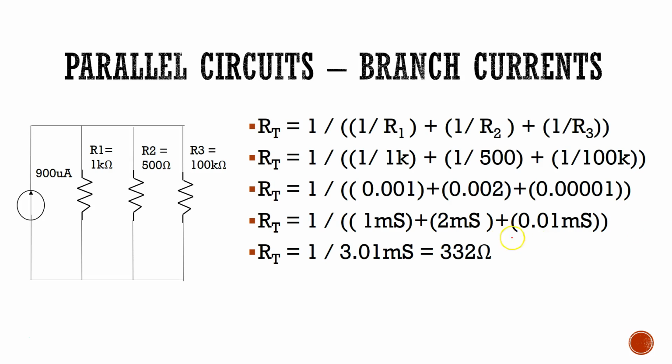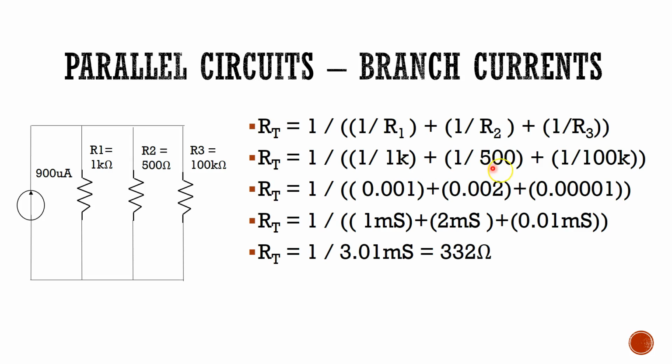So let's look here at how a current source would divide on the branches for each. We have our total resistance that we would have to find first. Same way we found it last time, the reciprocal of the reciprocals added together.